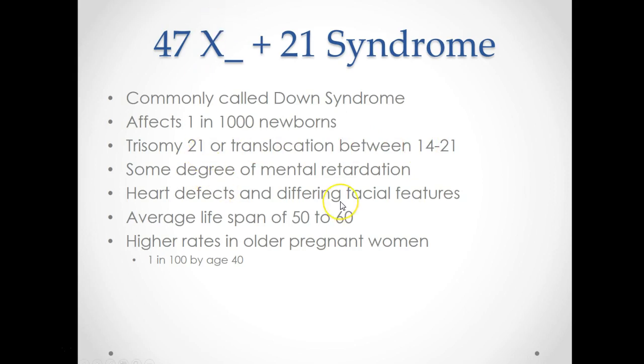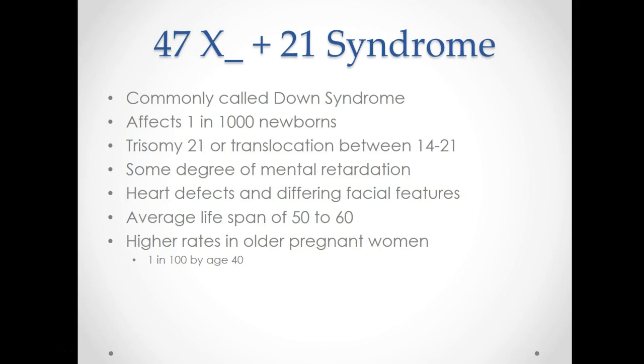There's always some degree of mental retardation. The other things that these individuals face are typically heart defects and differing facial features. People with Down syndrome have a shortened lifespan. They typically live between 50 and 60 years, and that's mostly, again, due to the heart defects that they have.